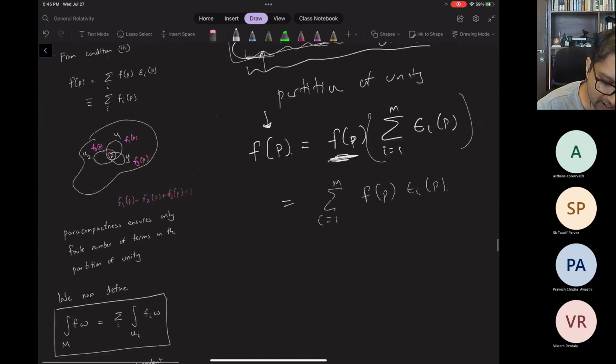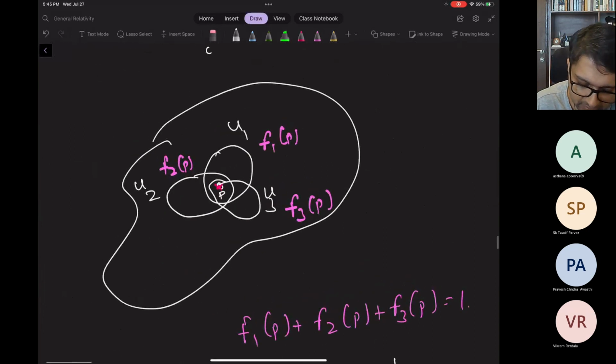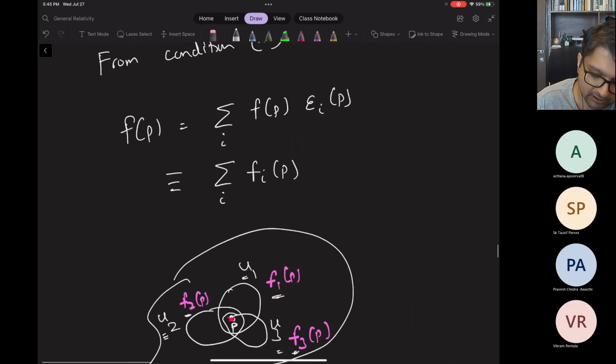So the idea is something like this. Here's a point P, and it lies inside the patches U1, U2, U3. I associate a weight f1 of P associated with U1, f2 of P associated with U2, f3 of P associated with U3. What are these f1, f2, f3? It's f of P times this epsilon i.